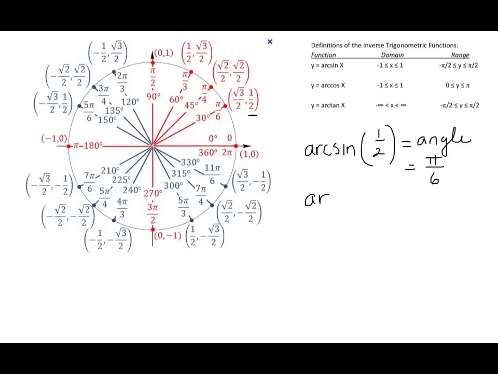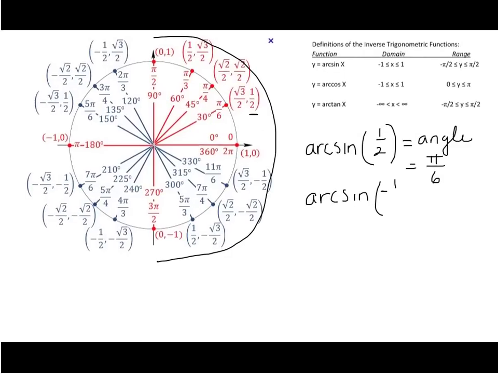All right, let's look at the negative. So arc sine of negative 1/2. Remember that our domain is restricted to the first or the fourth quadrant. So I have the arc sine of negative 1/2, and I look in the fourth quadrant.